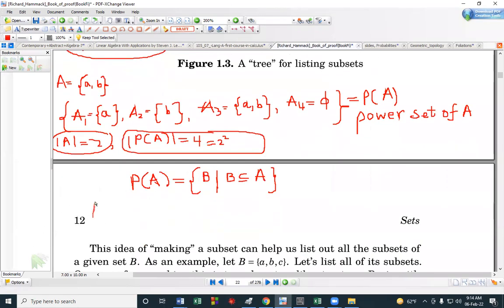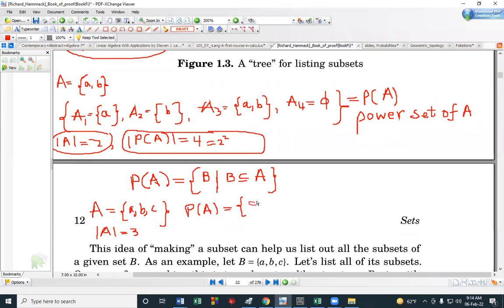Now think A is a set of 3 elements. That means the cardinality of the set A is 3. The question is, what is the power set of A? Let's construct it and then we'll count the cardinality.